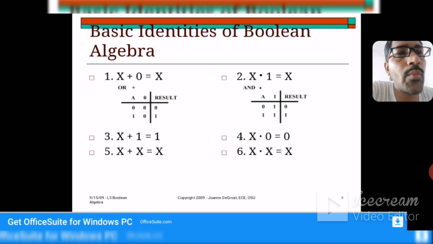The OR operator says that whenever we are adding 0 to anything, the output is the same as the input, hence x plus 0 is equal to x. Again, x into 1 is equal to x. So x into 1 means an implementation of an AND gate. According to the truth table of the AND gate, the output is true if both inputs are true, otherwise false.